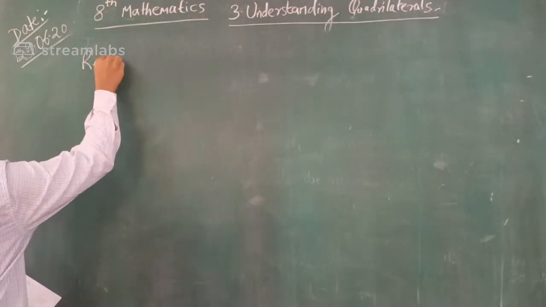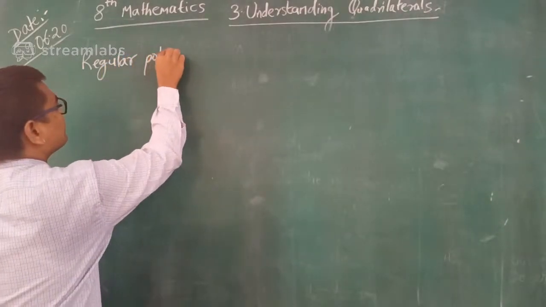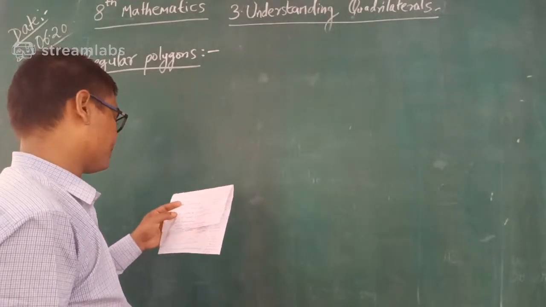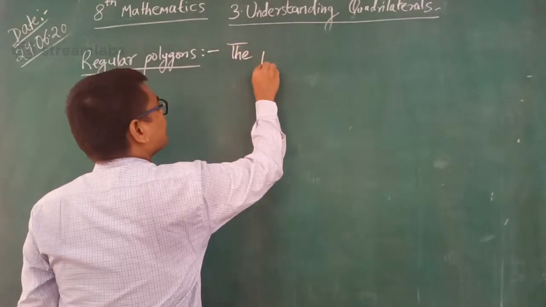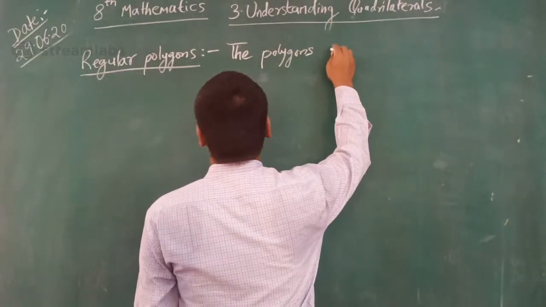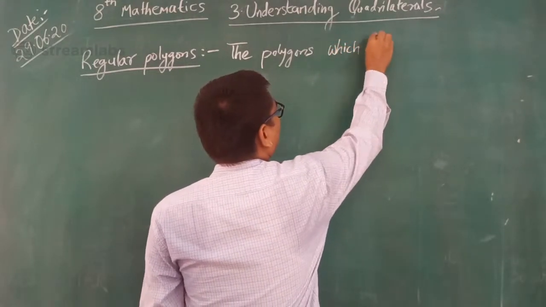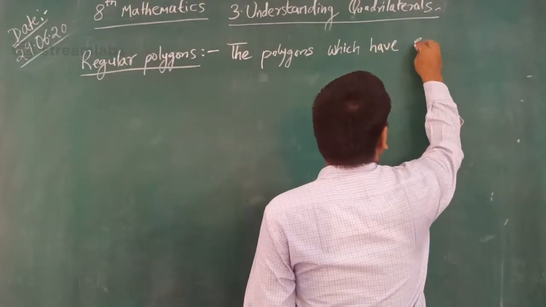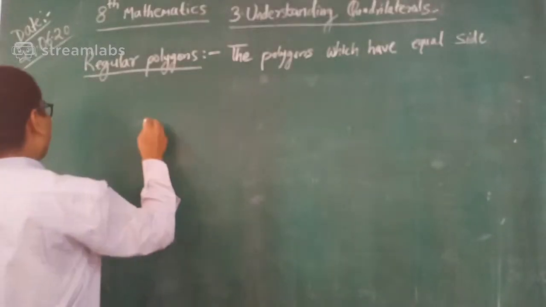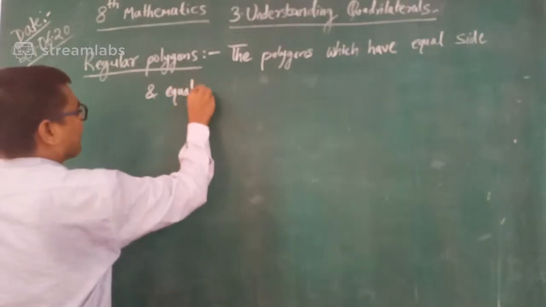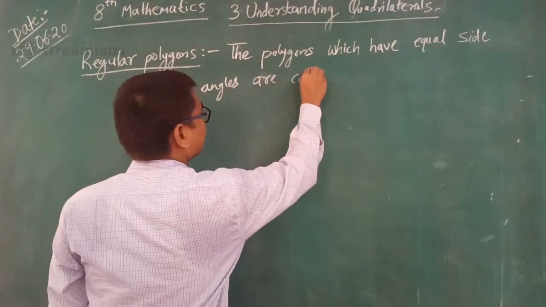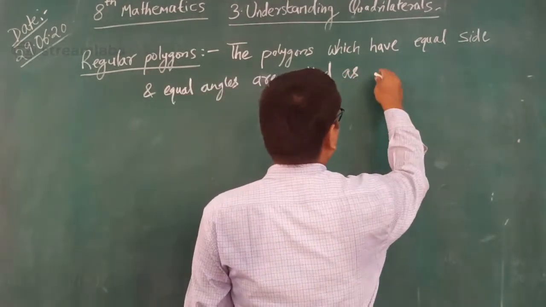Regular polygons: polygons which have equal sides and equal angles are called regular polygons.